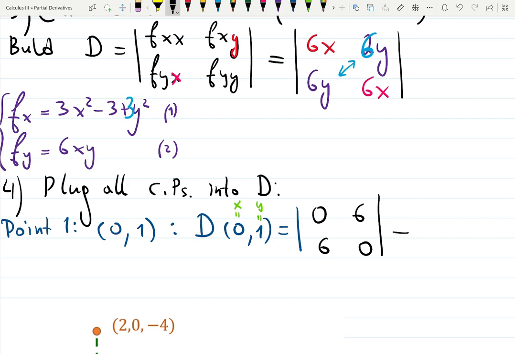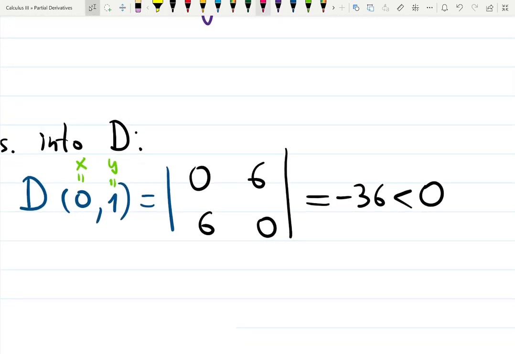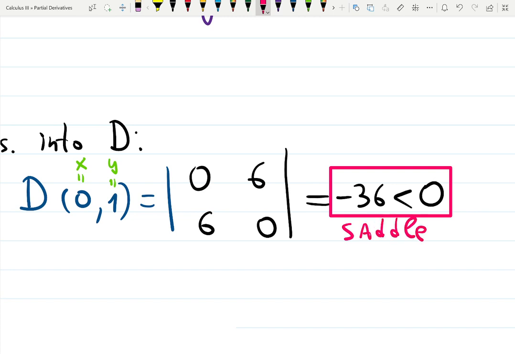And now I'm multiplying cross, with a minus in between. 0 minus 36, negative. We just need to know the sign. We don't care about the number minus 36. We just need to know if it's positive or negative. Since it's negative, you just said it. Good job. It's a saddle point. So that's actually good luck if you get it on a test. If you get the negative number, you can choose saddle point and you move on.